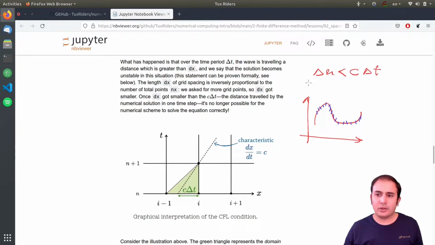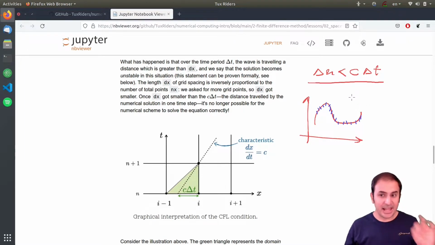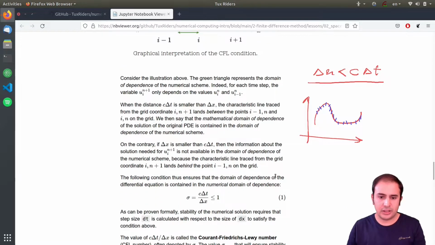This is called the stability condition, which should be satisfied for any numerical computation of the convection equation. But why should this be satisfied? Let me see if there is any discussion here. Okay, so yeah, this is actually what it should be.